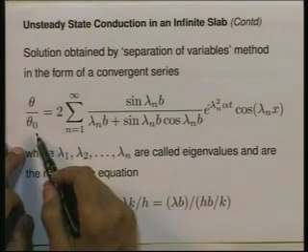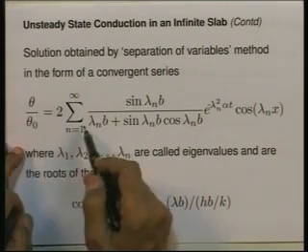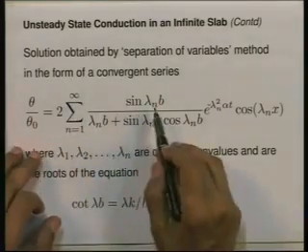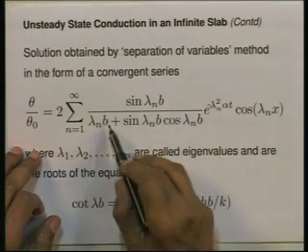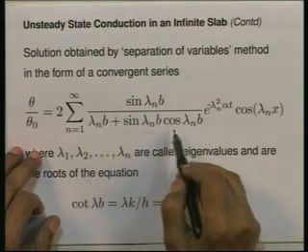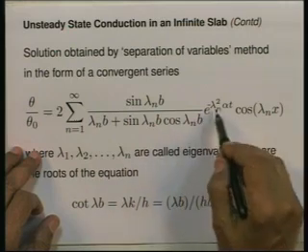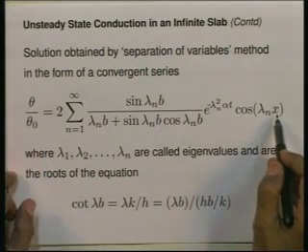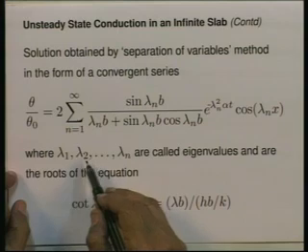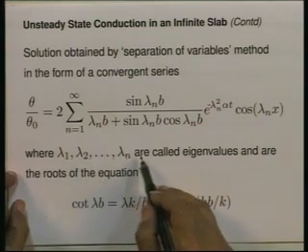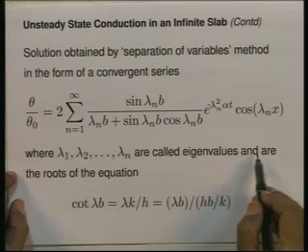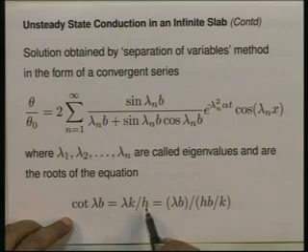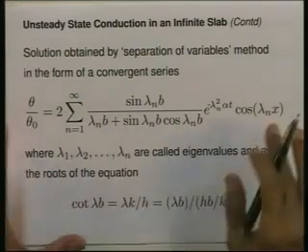Theta by theta naught is equal to 2 into the summation, this is an infinite series, n equal to 1 to infinity, sin lambda n b upon lambda n b plus sin lambda n b cosine lambda n b, e to the power minus lambda n squared alpha t, cosine lambda n x, where lambda 1, lambda 2, up to lambda n etcetera are called the eigenvalues and are the roots of the equation cotangent lambda b is equal to lambda k by h. This is the solution to the problem.